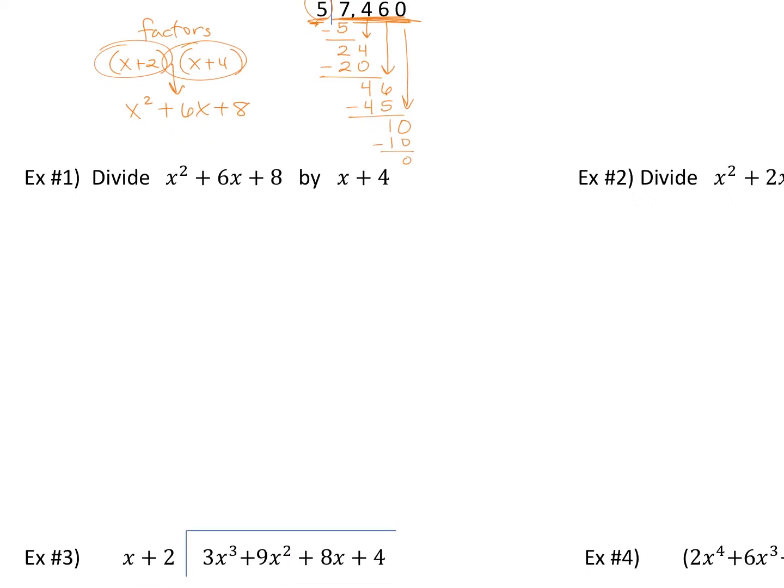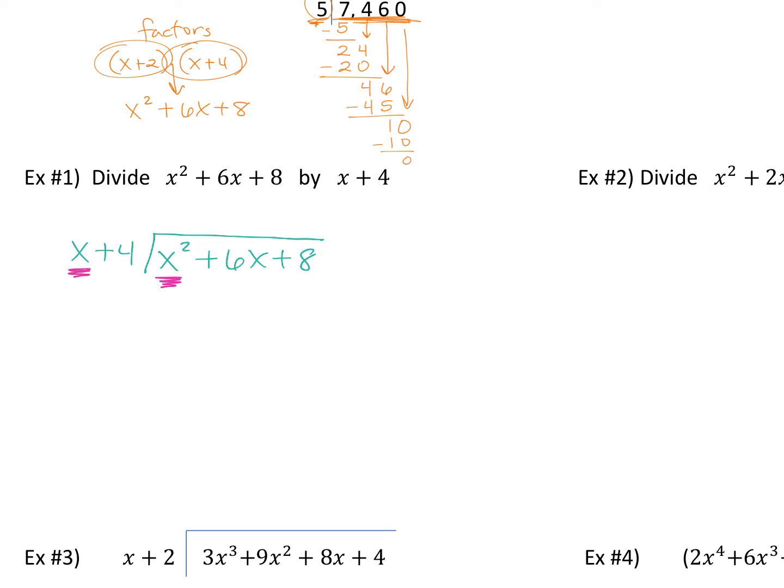Okay, so we set it up just like the division bar that you see in that first problem that I did for you. You take x squared plus 6x plus 8, and you divide by x plus 4. Are you with me? Here we go. Here's the process, okay? The only thing we really care about right now is this and that, okay?